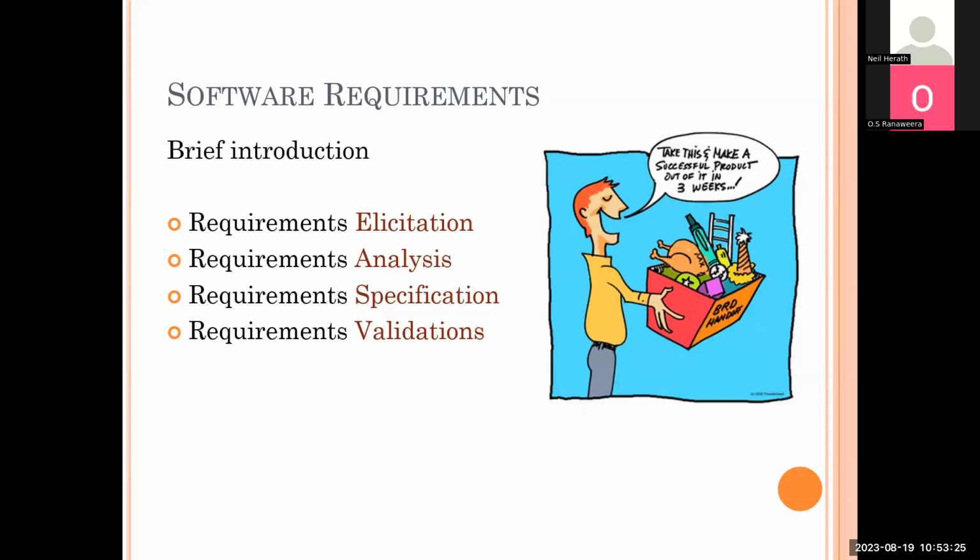So those things must be written in the validation document. So usually at the end of the product also, you have to look at this requirement document. So these are the 4 main stages in the requirement engineering phase.